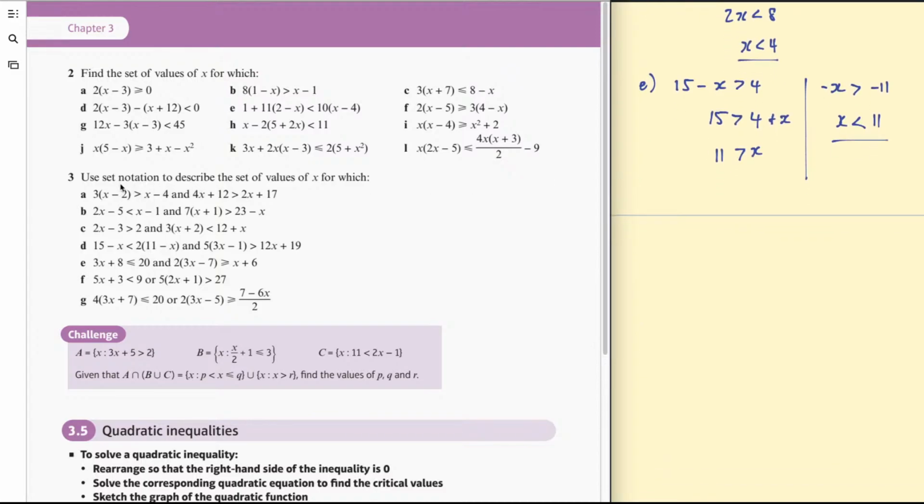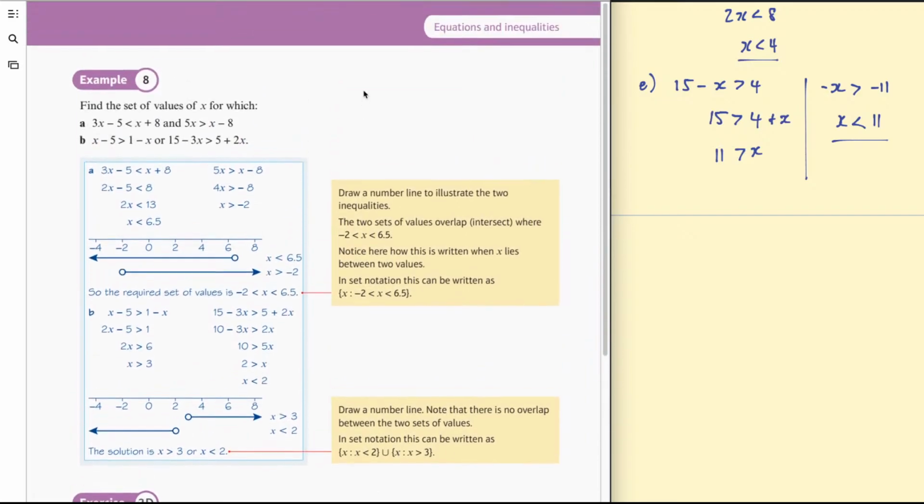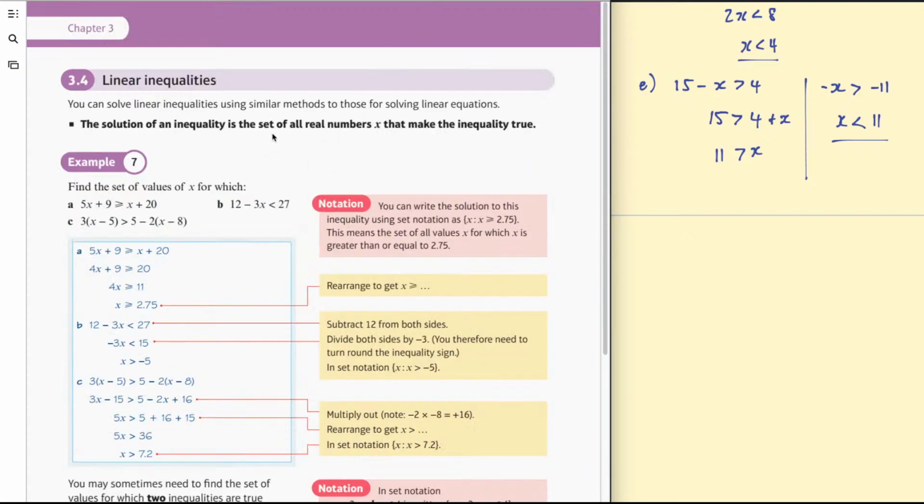Let's do a couple from this question. There's some quadratics in here. So now I'm confused. I thought this section was on linear inequalities.